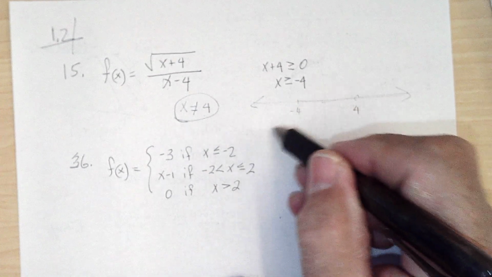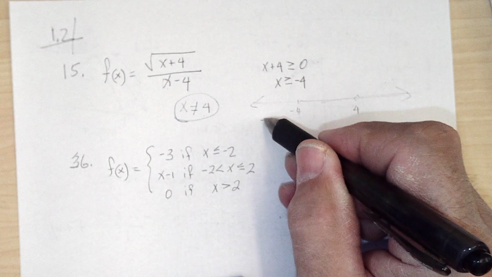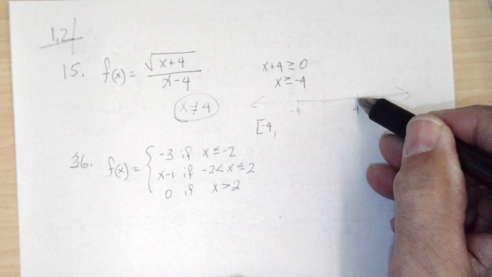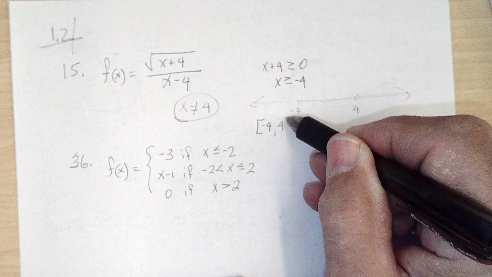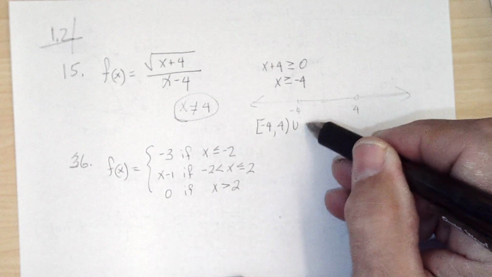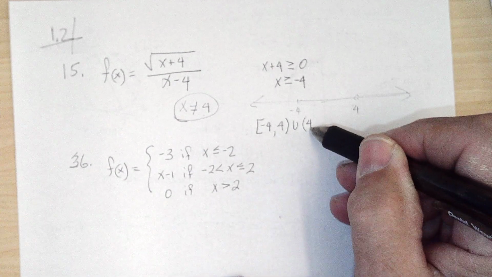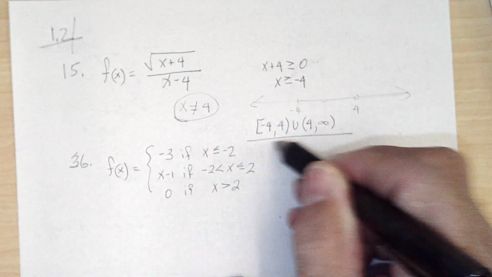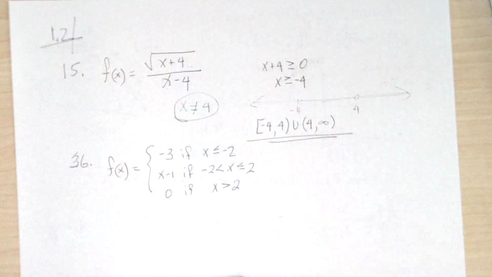So we can be from negative 4, including negative 4, up to 4, positive 4, but not including it, union all the numbers past 4. Not including 4, but on. That's the domain for that.